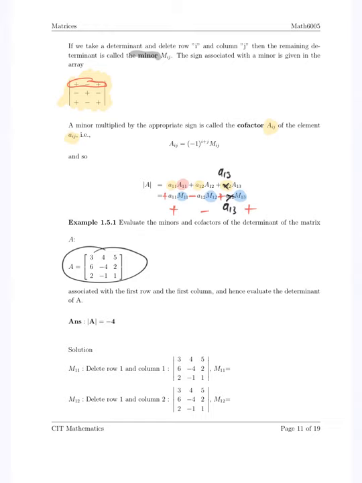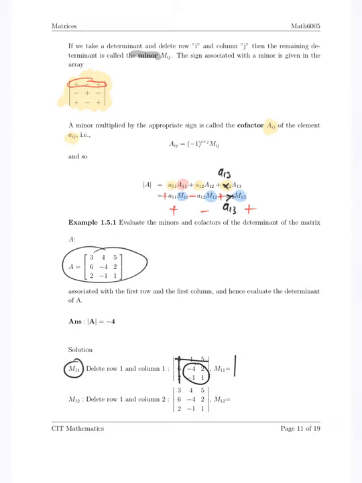So, first thing we'll do, going across the first row, it's going to be 1, 1, 1, 2, and 1, 3. So first we calculate the appropriate minors. So M11 first. We delete column 1 and row 1, and we're left with this matrix.